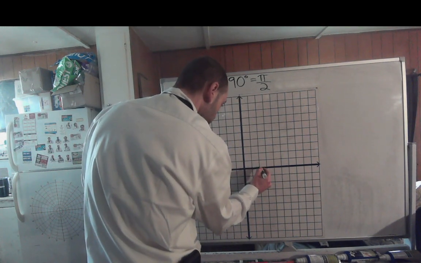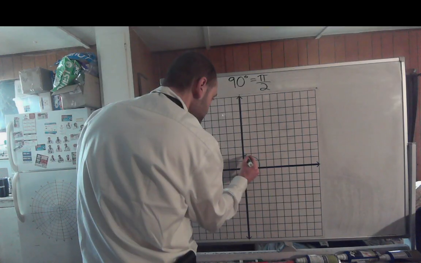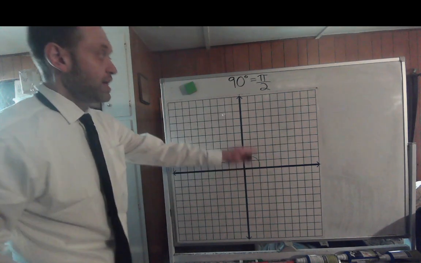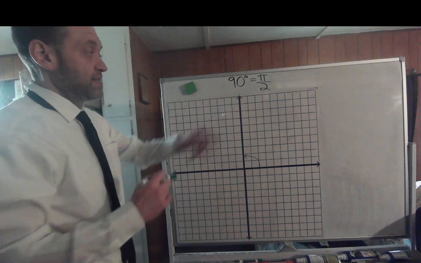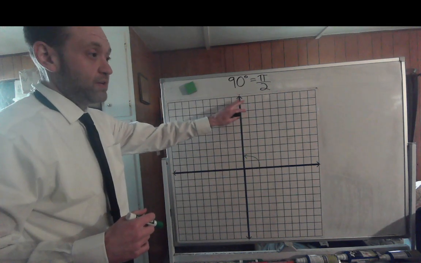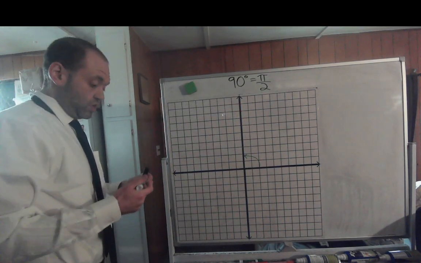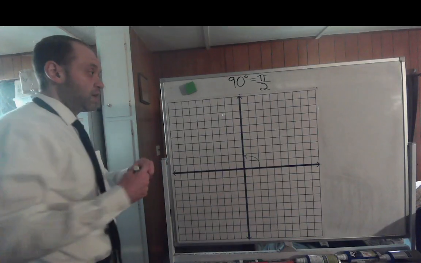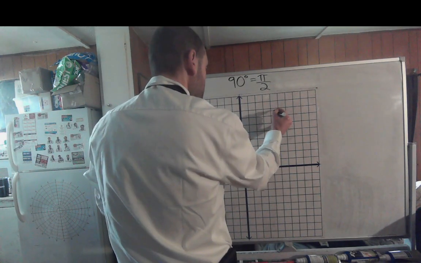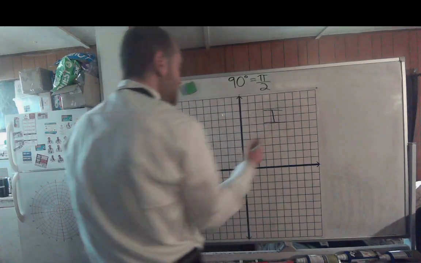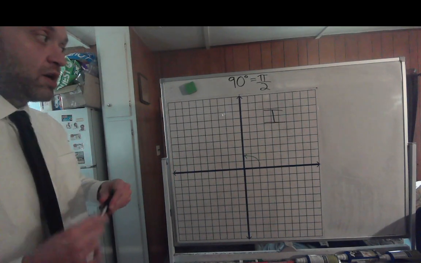So starting from here all the way to this area, that's a 90-degree angle. That is your positive y-axis, a 90-degree or pi over 2 radian angle. So here's everything in quadrant 1. This is quadrant 1. Everything's easy there.